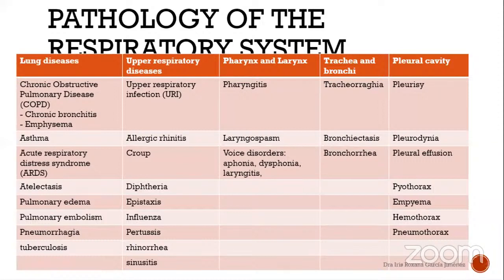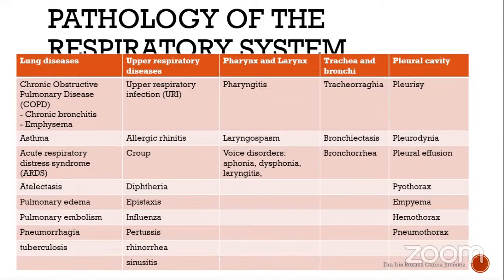About the pathologies of the respiratory system, it's a very short chart in my opinion, but with the most important situations. For example, in lungs, we have COPD, chronic obstructive pulmonary disease, chronic bronchitis, emphysema, asthma, acute respiratory distress syndrome, the ARDS, very common of course, atelectasis, pulmonary edema, pulmonary embolism, pneumorrhagia, tuberculosis.